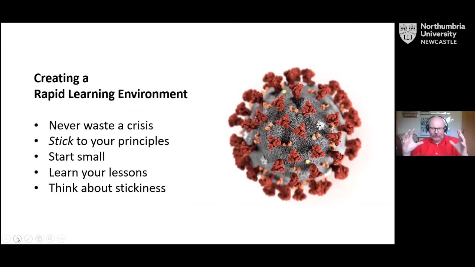Working in complex systems, understanding that, stick to some principles that are relevant there. Dave Snowden did a webinar with us a few weeks ago on that point about starting small and simple. That's what we tried to do, because there's no time to go in for the big bang. I don't believe in it anyway. It's small iterative steps along the way, learning our lessons as we've gone along, which is key in any system.